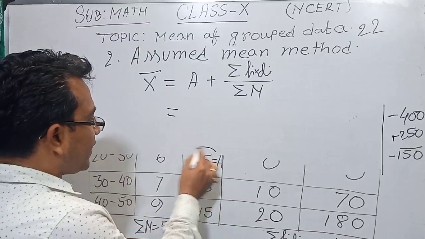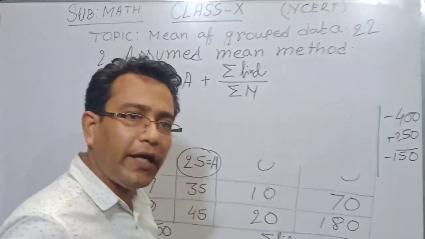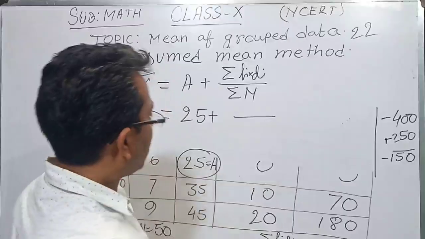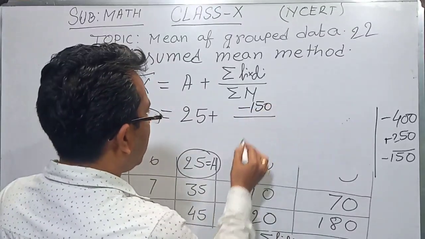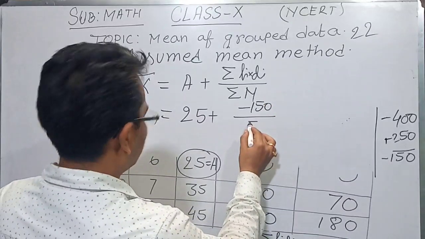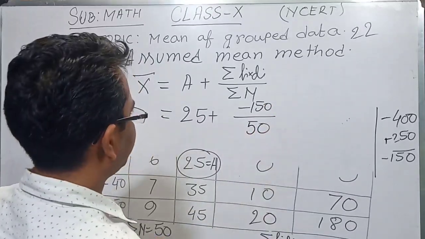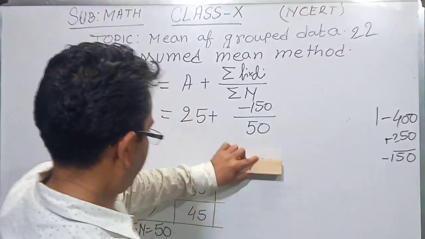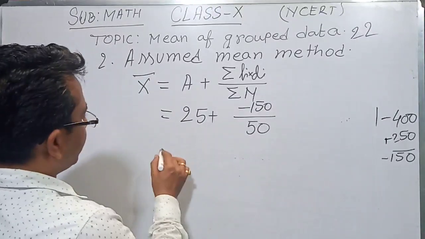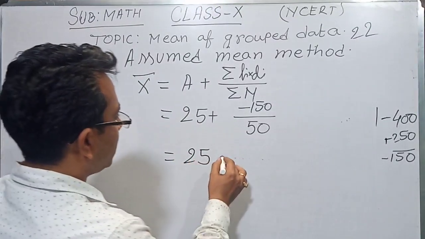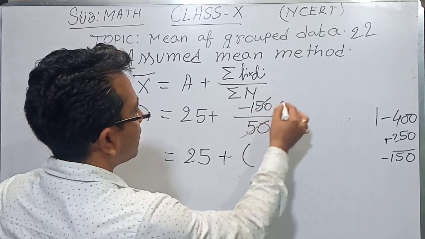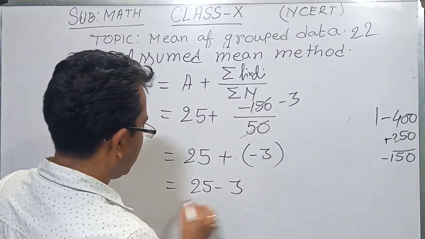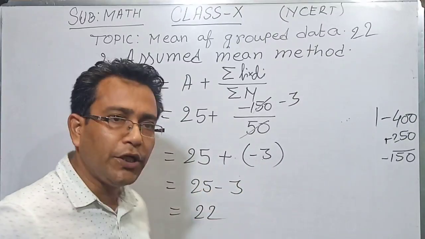Here we had taken this one as assumed mean a, that is 25, plus minus 150 by 50. That is equal to 25 plus minus 3, that is 25 minus 3 equal to 22.